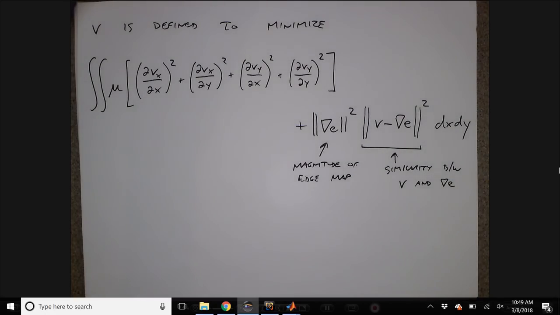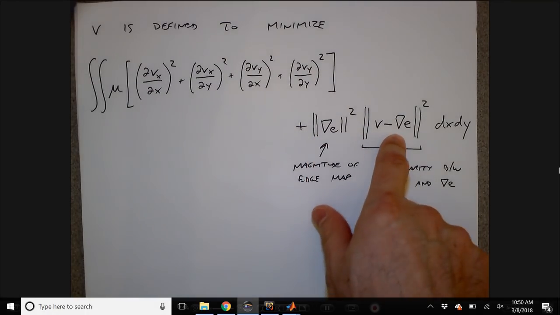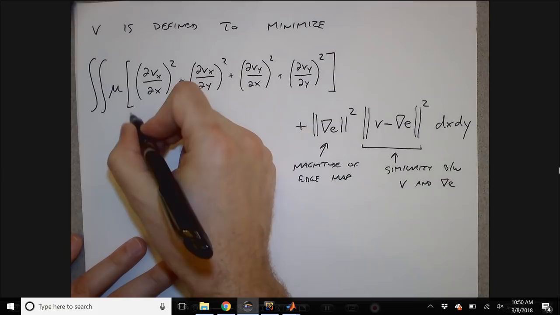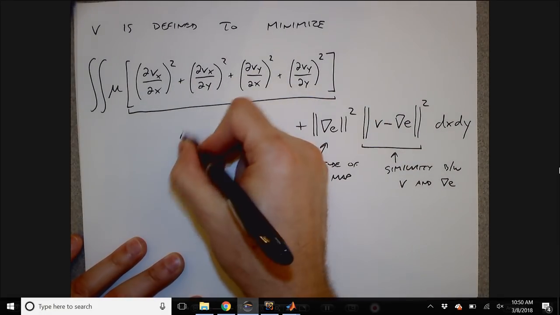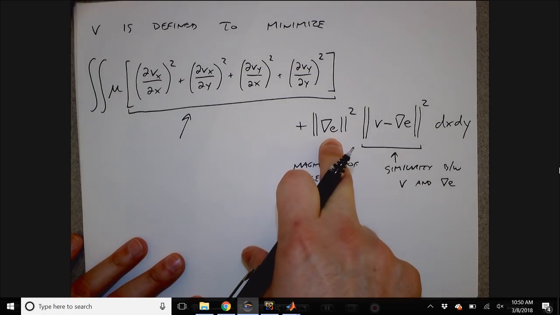So when I'm in a really edgy region, then the V that I create just agrees with what's going on with the edges, right? So when this is big, then this has to be small, which means I have to push V to be similar to E in the places where there are edges. This here is basically saying, suppose that this number is small, then this term takes over.